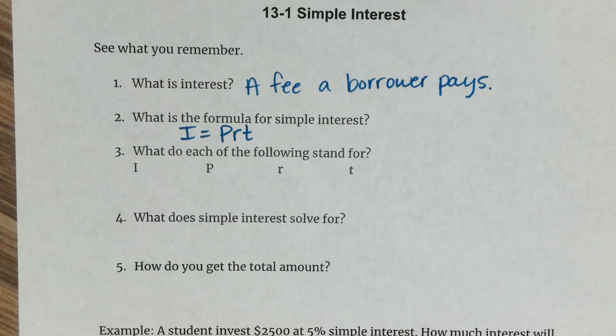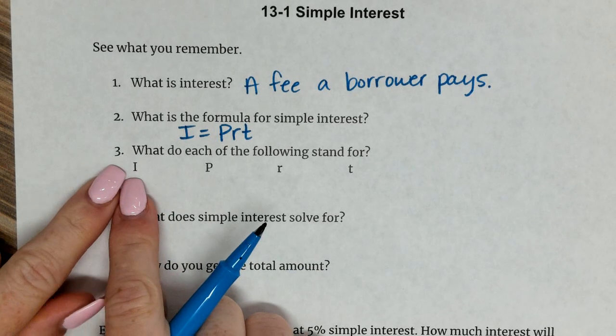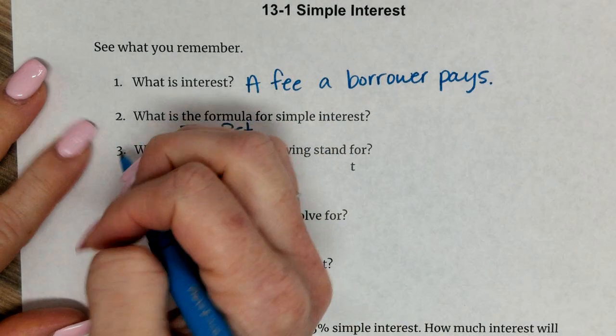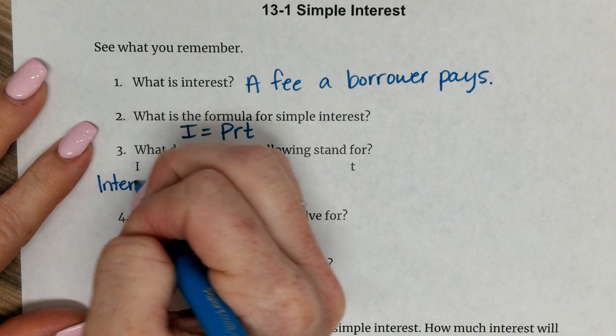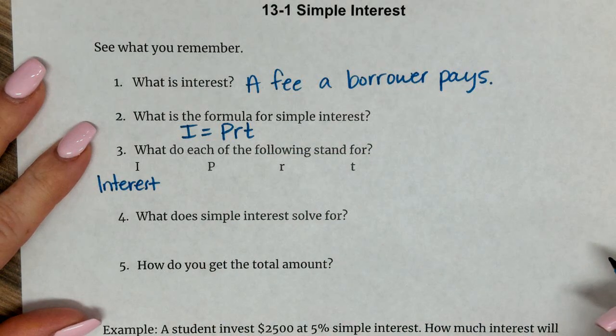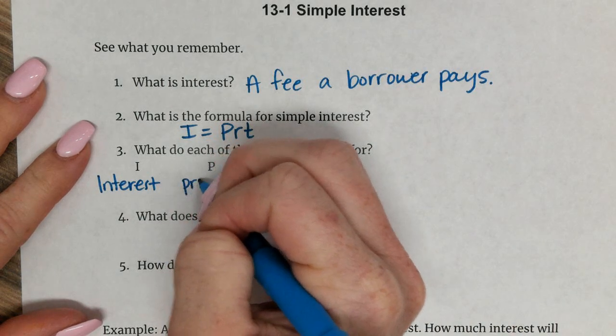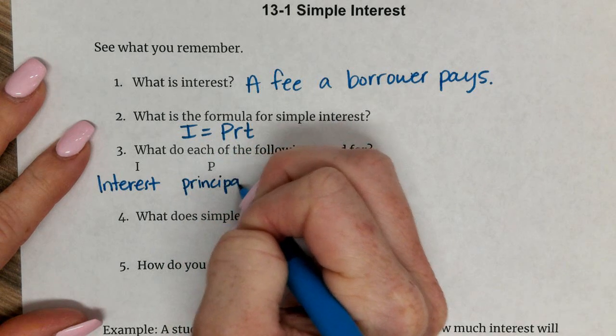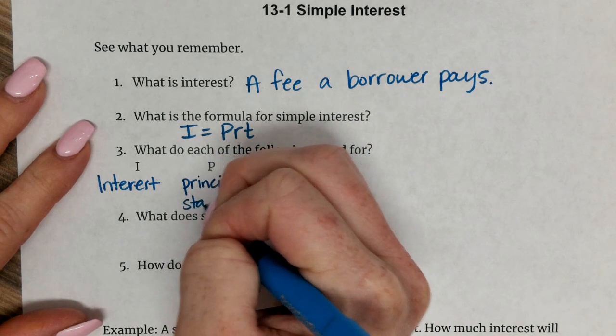Now, what does each part of the formula stand for? What does the I stand for? Interest. What does the P stand for? Principal. And we learned what principal means. It means your starting amount.